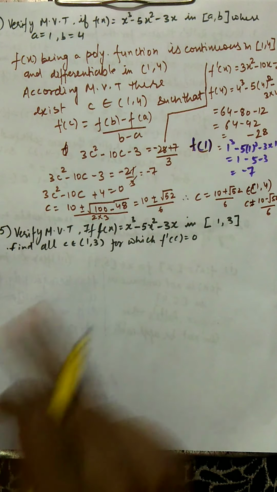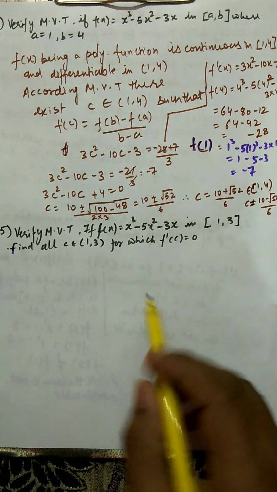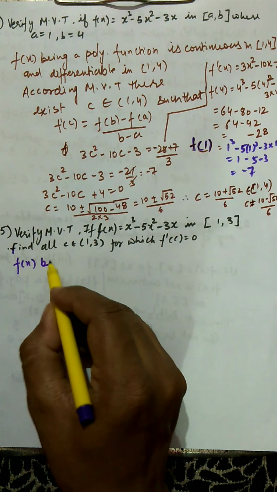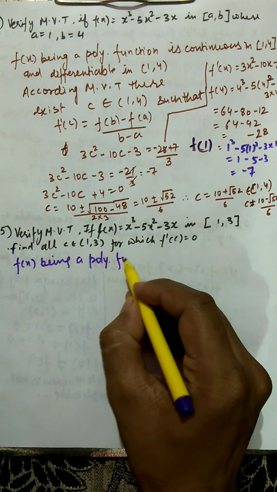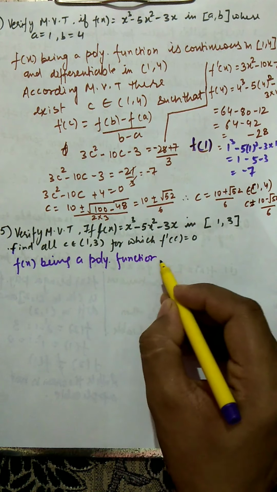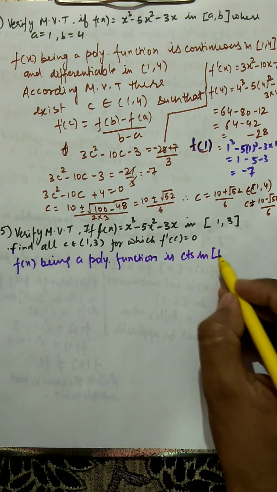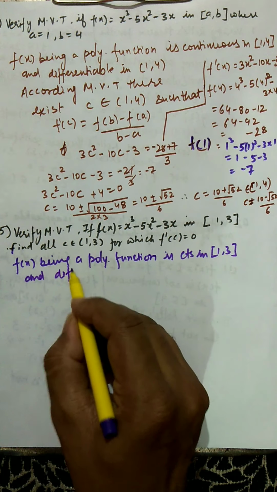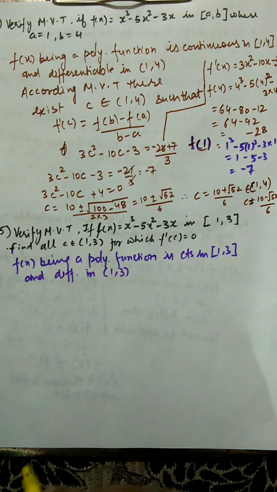Now we discuss question number 5. Again we have to verify the mean value theorem, and this is a polynomial. You can see that f(x), being a polynomial function, is continuous in [1, 3] and differentiable in the open interval (1, 3).